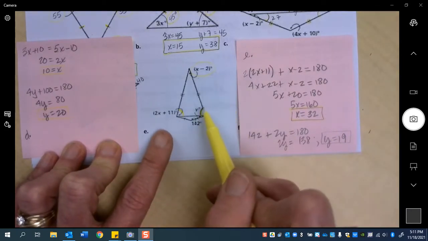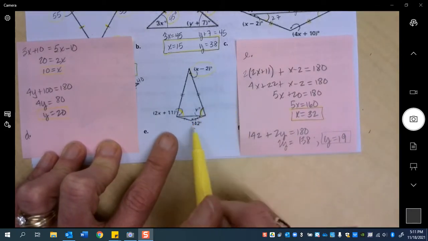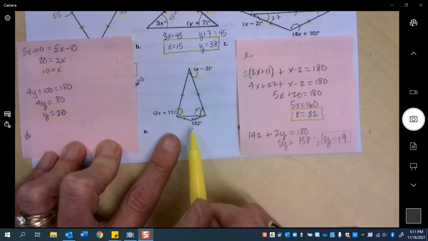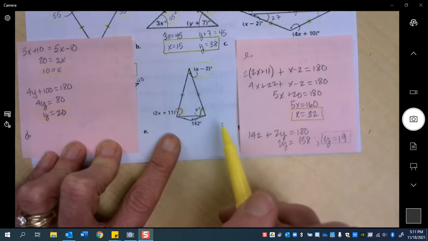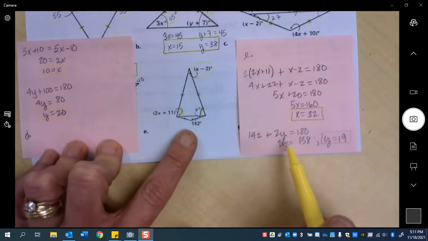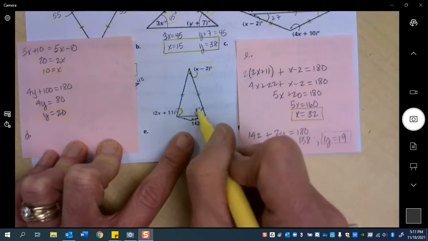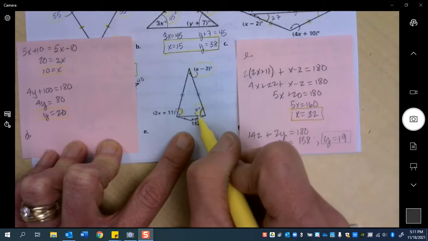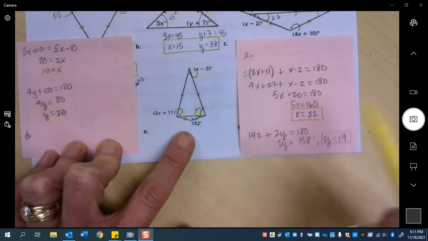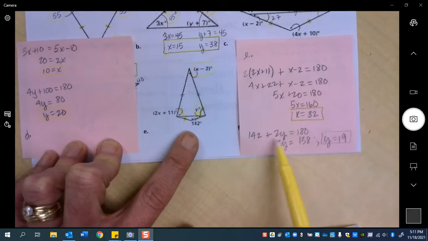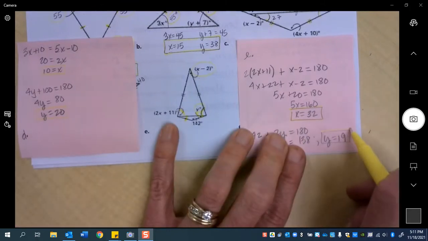Once I know that x is equal to 32, I can go ahead and plug those values in. I know that 142 plus, I don't know if you can see here, here's y. Y is right here as that little tiny angle. So twice y plus 142 is 180. Therefore, y is going to be equal to 19.